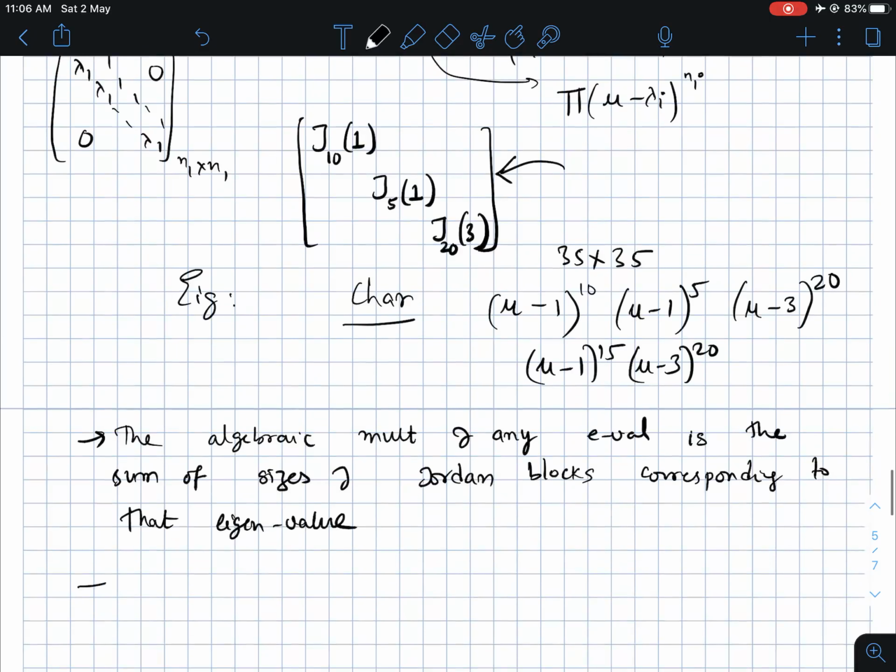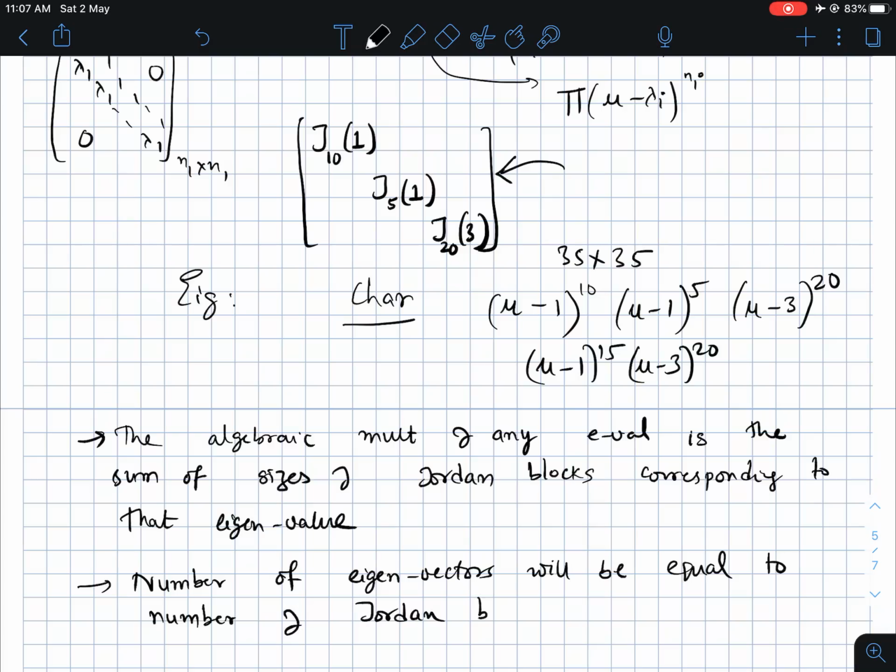The number of eigenvectors will be equal to the number of Jordan blocks. So this matrix here will have 3 eigenvectors.